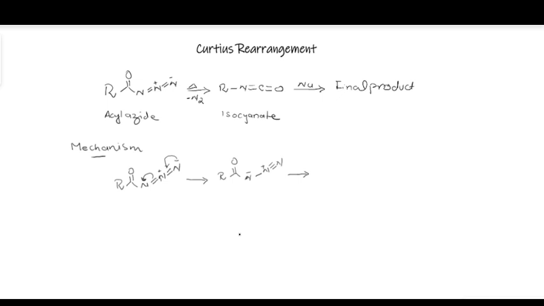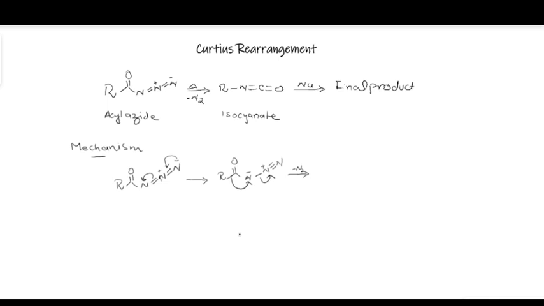Now, at this stage, it can lose this N2 molecule, and this nitrogen that is attached to the carbonyl has a negative charge. Now, to remove a molecule of nitrogen N2, this bond has to shift towards this nitrogen because it has a positive charge, and because electrons are being shifted away from this nitrogen which has a negative charge, so it gets electron deficient, and as a result this R group is transferred towards this nitrogen.